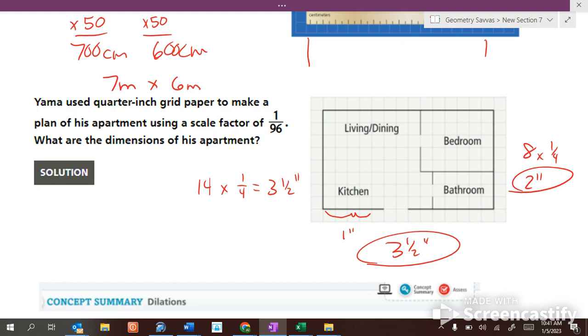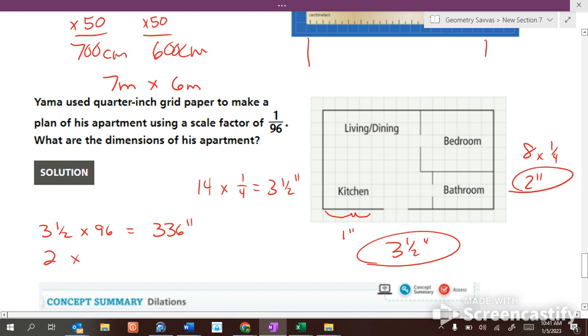It's a scale factor of 1 over 96. So you take each of these times 96. On your calculator, take 3.5 times 96. How many inches is it long, Carter? 336 inches. And 2 times 96 is what? Charlotte, what's 2 times 96?